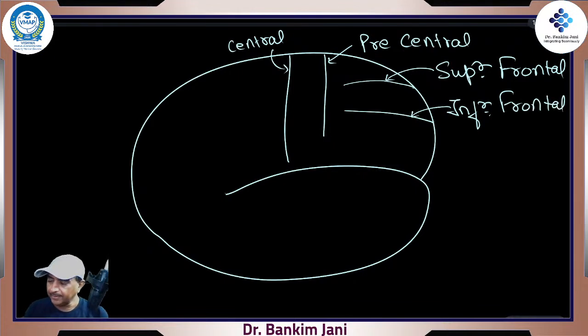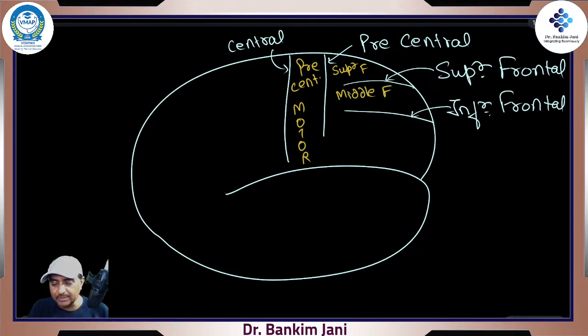We changed the color because we want to show this in-between area. This was the precentral gyrus, our primary motor cortex. Then this is the superior frontal gyrus, this is the middle frontal gyrus, and this lower one is the inferior frontal gyrus.